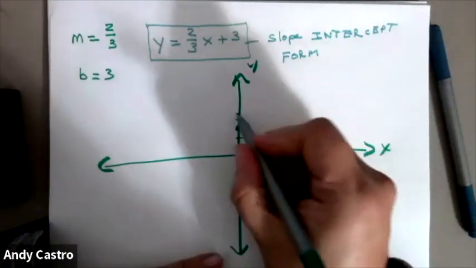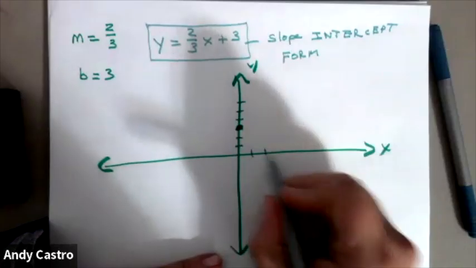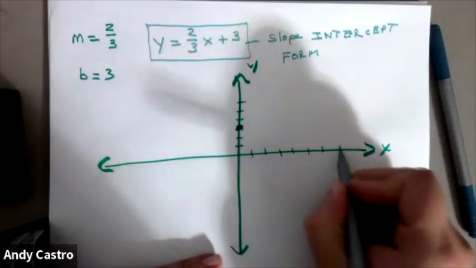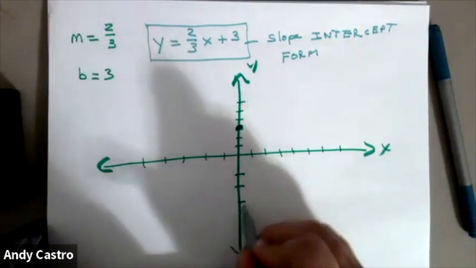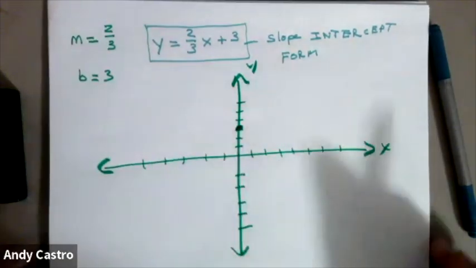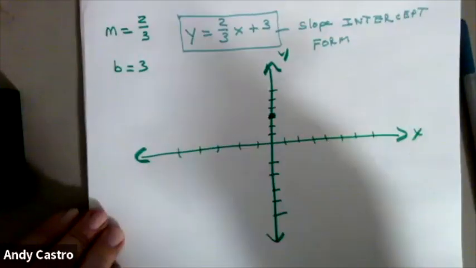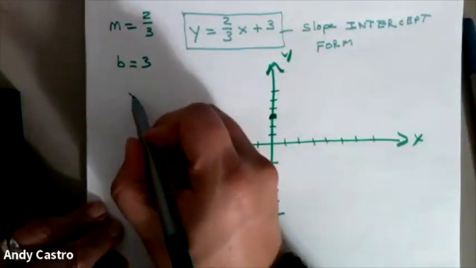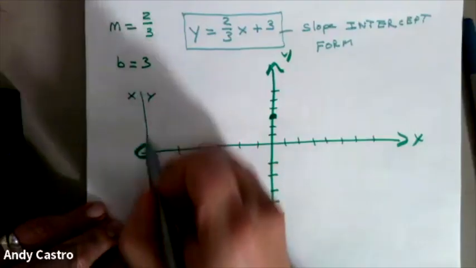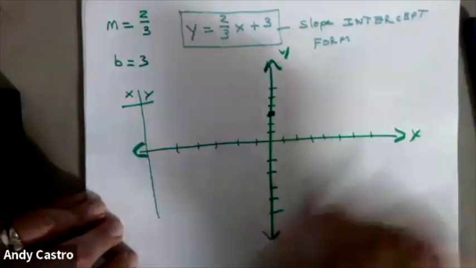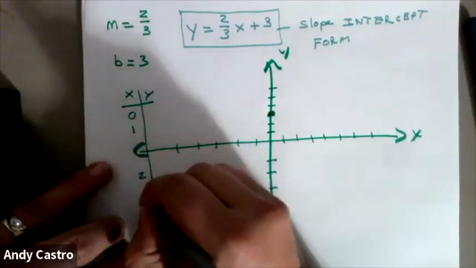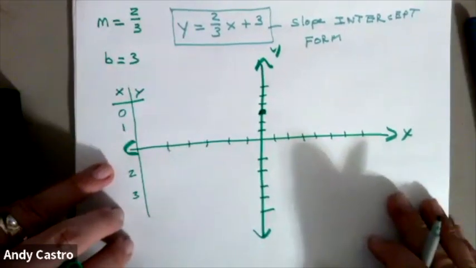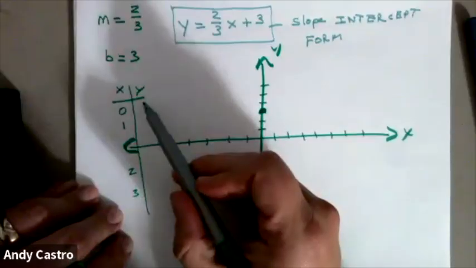Now, I can actually go in here and I can form the line. There's two ways to do that. Okay, the first way is we can just plug in x and y's. We can plug in 0, 1, 2, and 3 for x, and see what y we get.